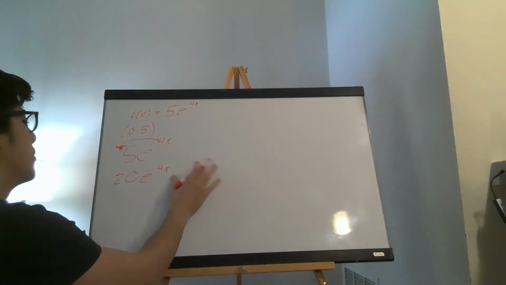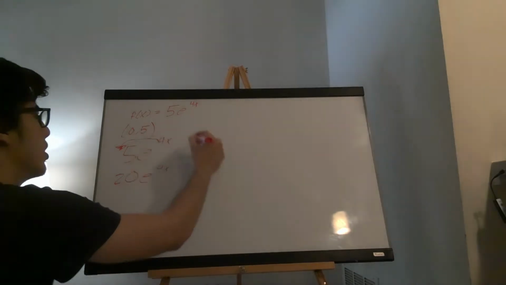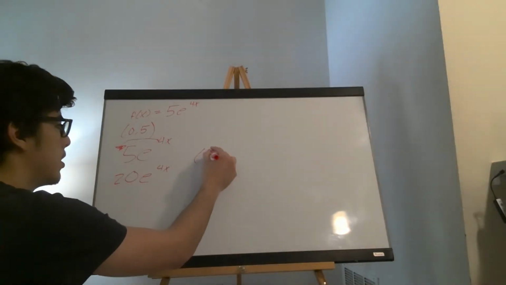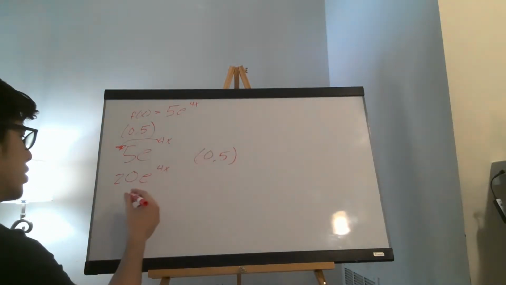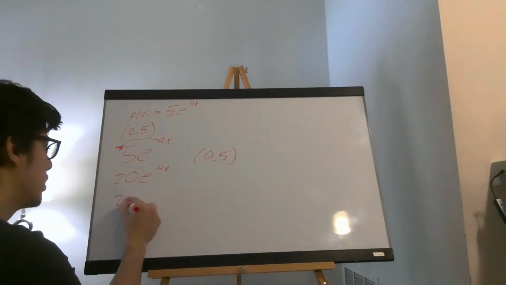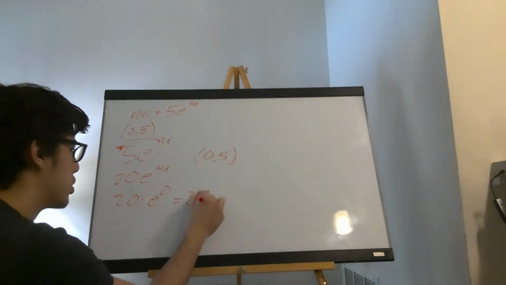No, we don't have to multiply by anything else. Now we're going to plug in our point, 0, 5. So we plug in 0 for x, and we get 20 times e to the 0th power, which is just 20.